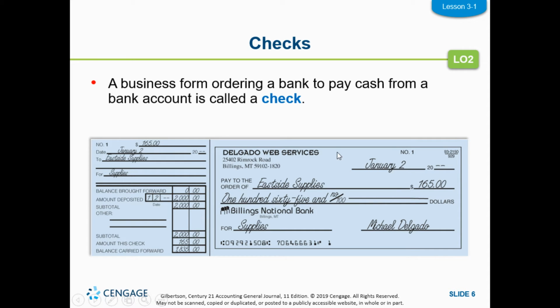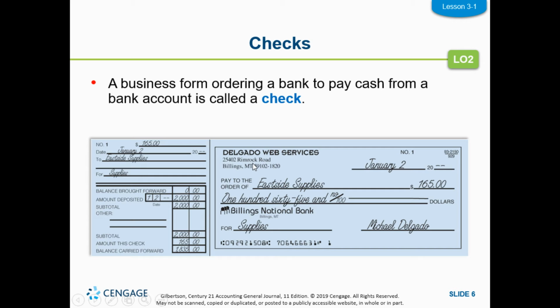You have the check over here with who you wrote it to and the amount, and then you've got the check stub. And most businesses, if they were doing it manually, would have some sort of a check stub, which would be a record of the check, because the check goes out, right? And it's not coming back, correct? So anyway, there you go with that for a check, okay?